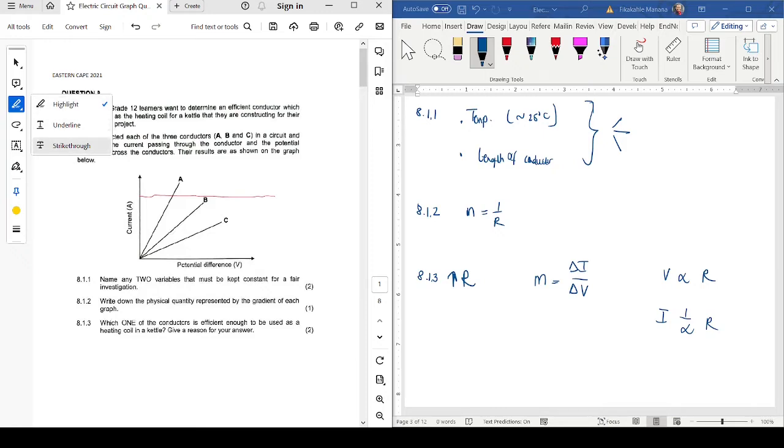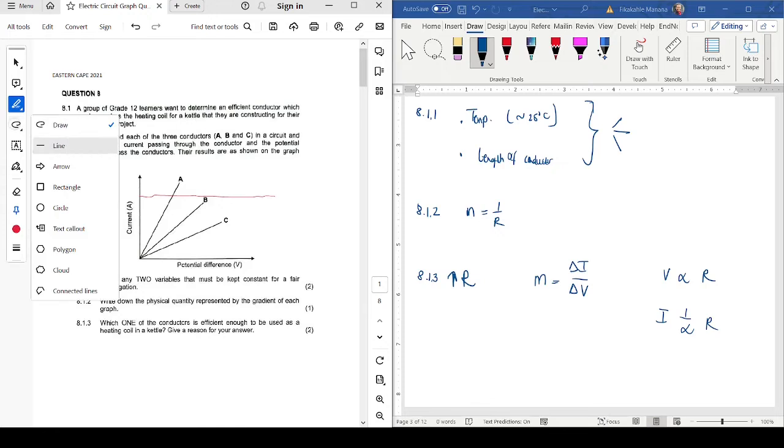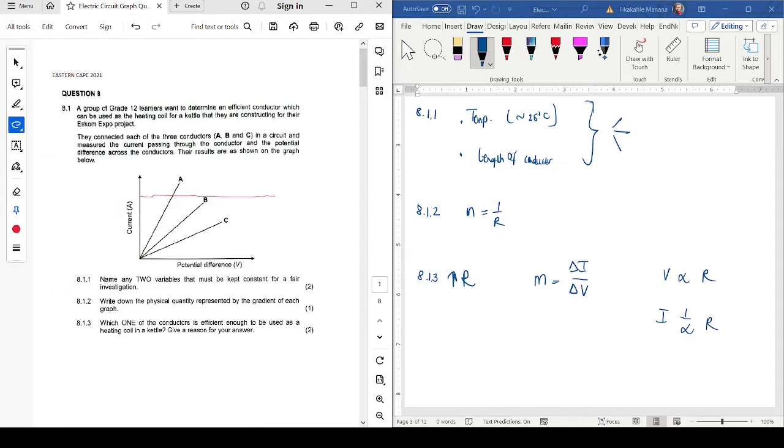Just use a different color there and extend the lines. So extend B and then extend C.